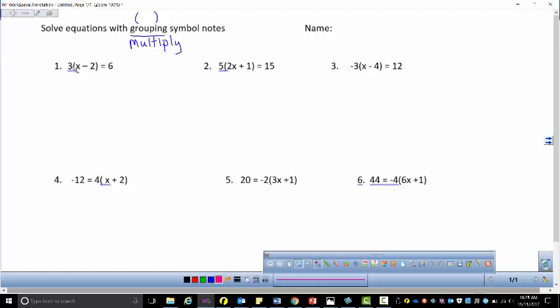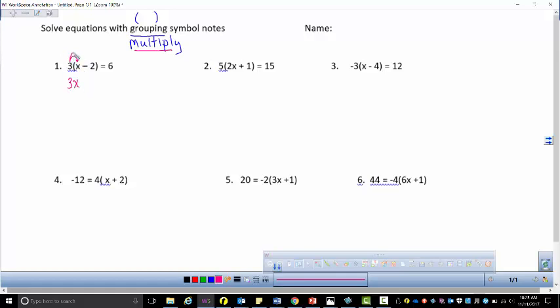So it says 3 times the quantity x minus 2 equals 6. So what I like to do is we do the parentheses first, and parentheses mean multiply. So we take 3 times x, and we get 3x.